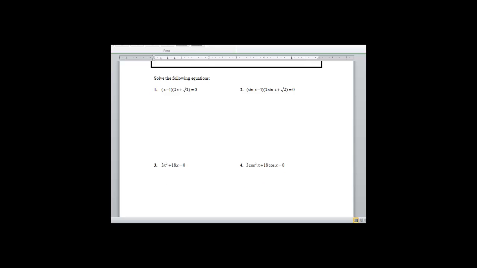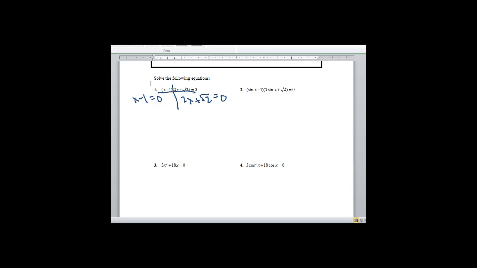Now number 1 here is probably the easiest one of all. Why? Because it's already factored. You have two factors here and they multiply to 0. So all you have to do is apply your zero product property immediately and set each factor equal to 0: x minus 1 equals 0 and 2x plus the square root of 2 equals 0.